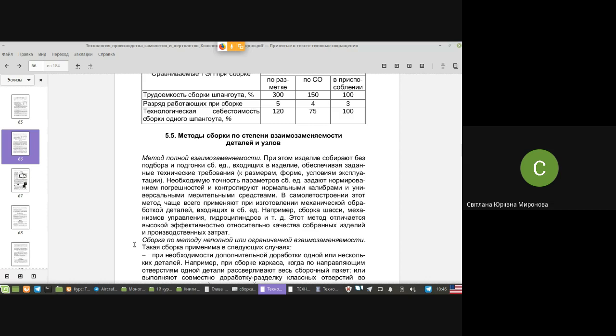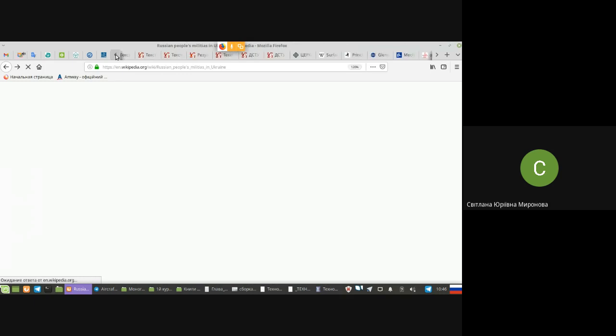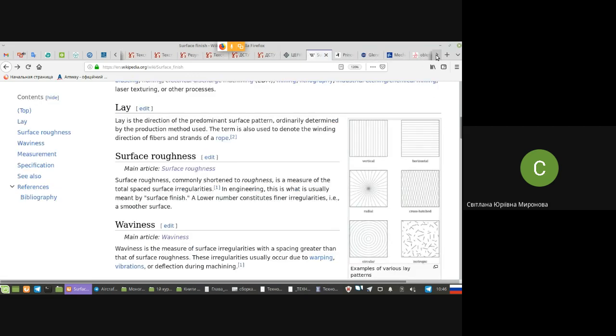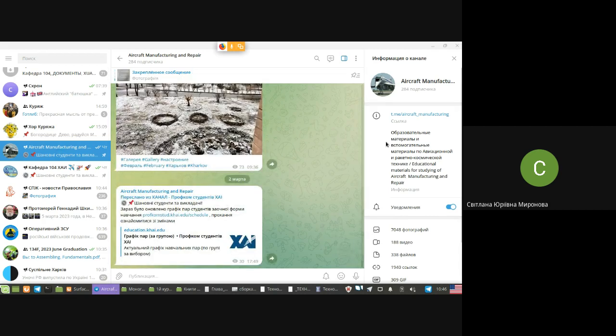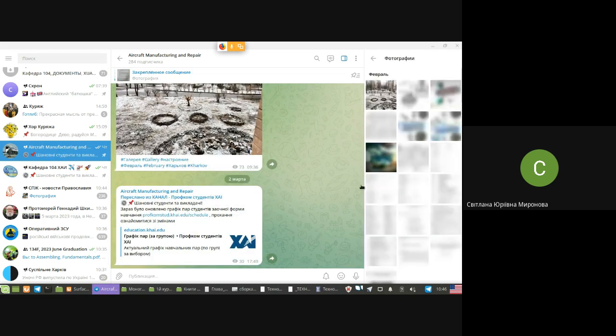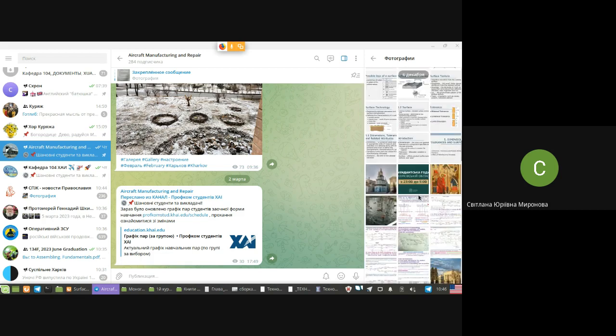Computer, are you working or not? A bit. Maybe, I haven't opened this article in Wikipedia, but even in my Telegram channel, you may find such explanations, approximately. Pay attention.